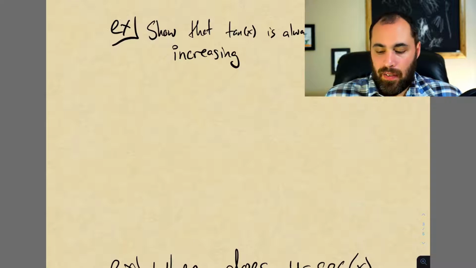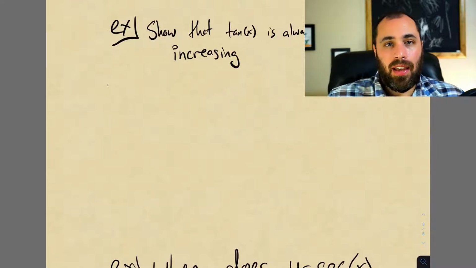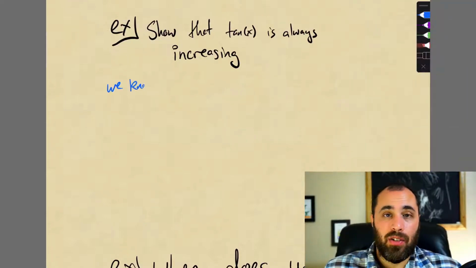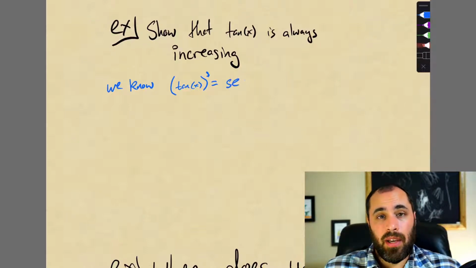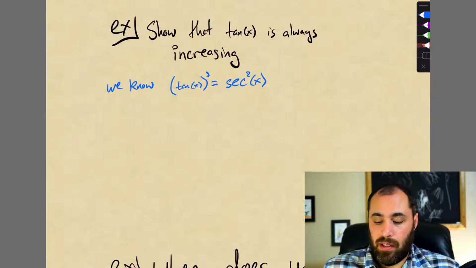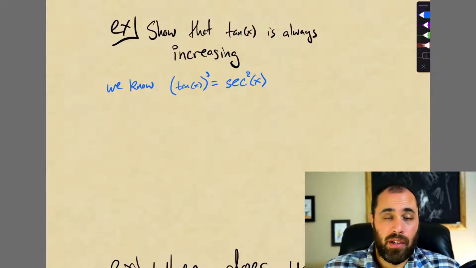I would like to see evidence that the function tan x is always increasing. So why is the tangent function always increasing? Remember that a function is increasing exactly when its derivative is positive. So let's see that the derivative of tangent x is always positive. There's not any work to do here. We know that the derivative of tangent is secant squared.